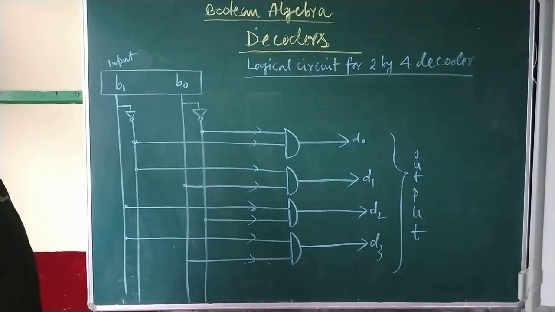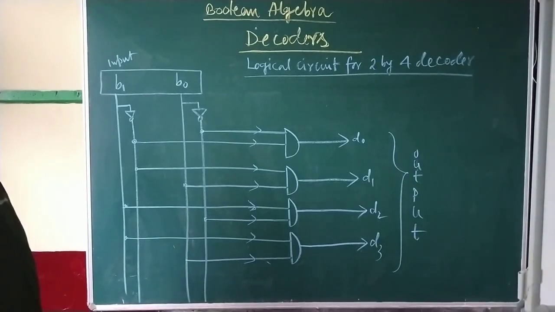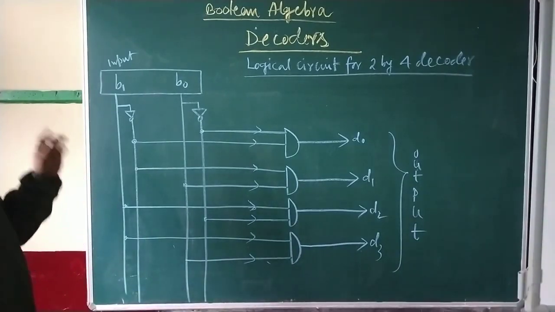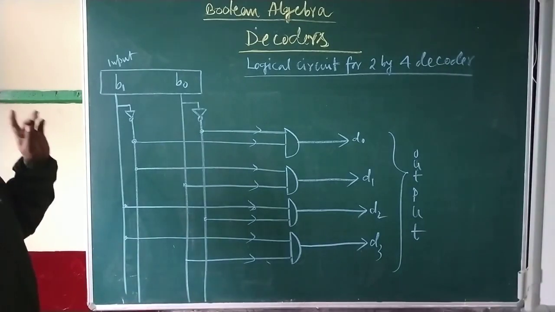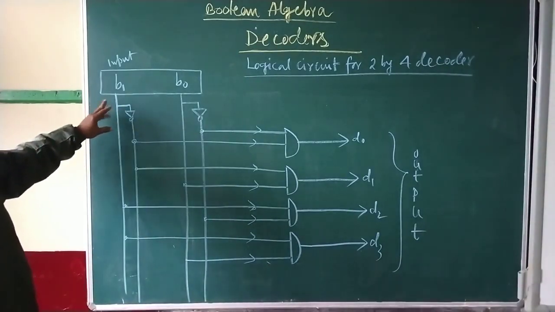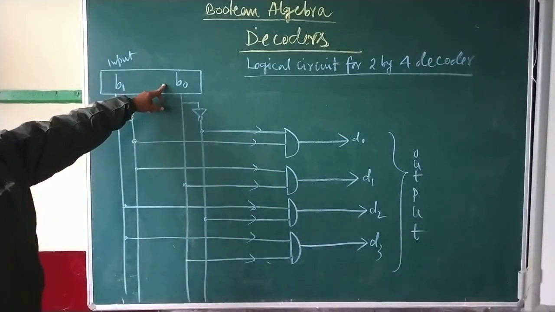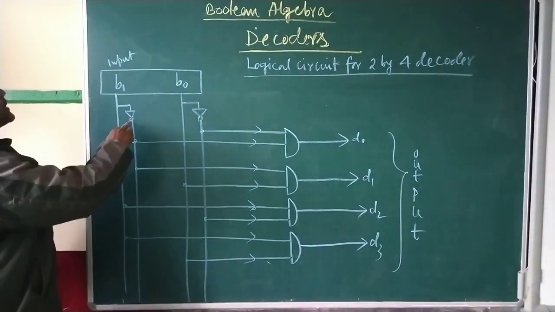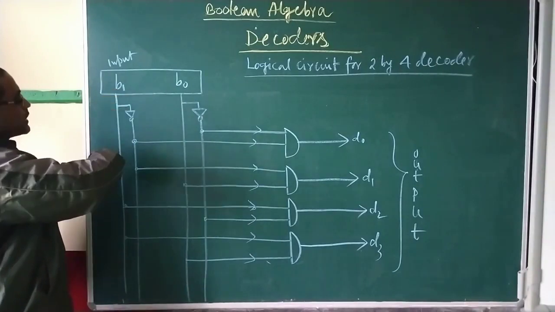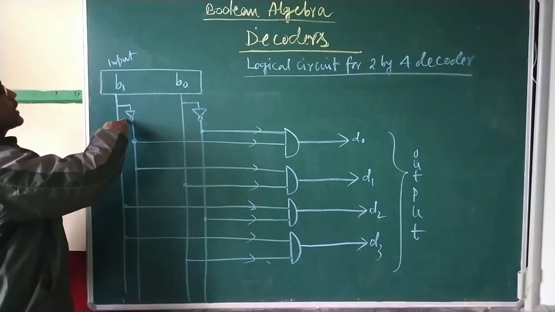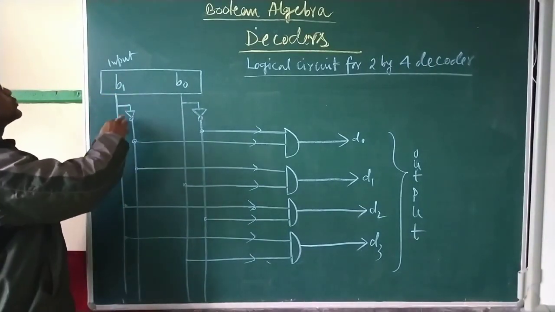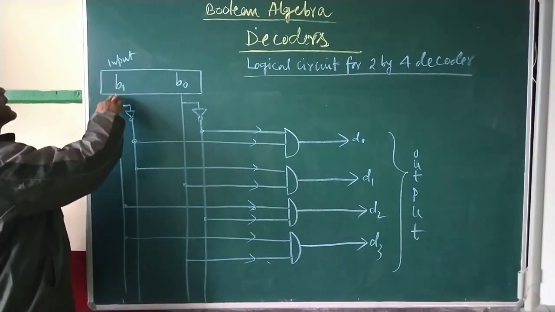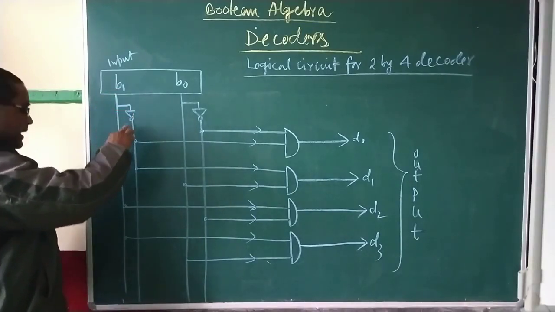So this is the logical circuit for the 2x4 decoder. Just now we did the truth table, now this is the logical circuit. You see there is B1 and B0, the 2 inputs I have taken, one in normal form and the other as B1 not. I have taken it from the source, making B1 a NOT and passing it like this.